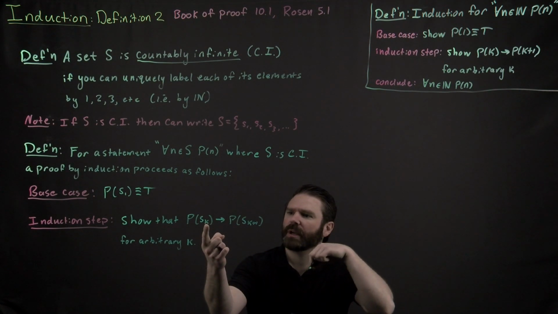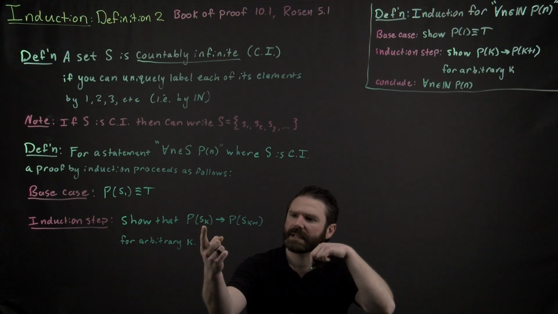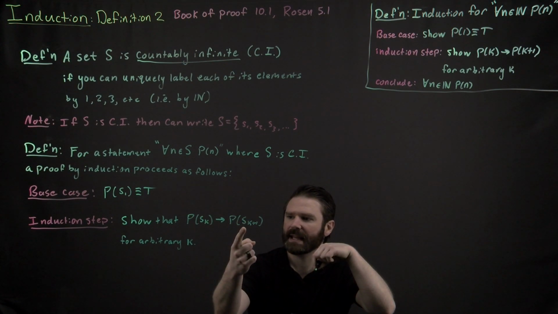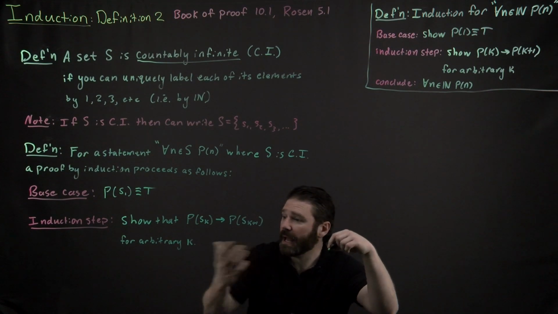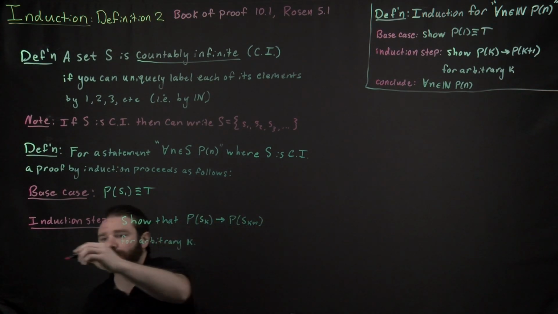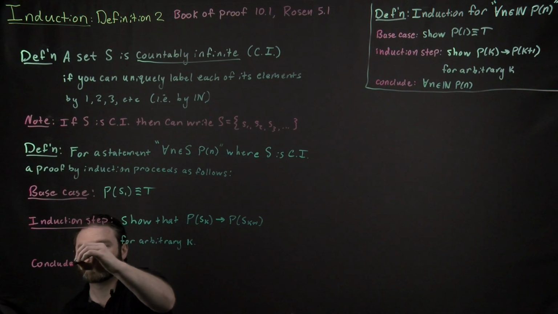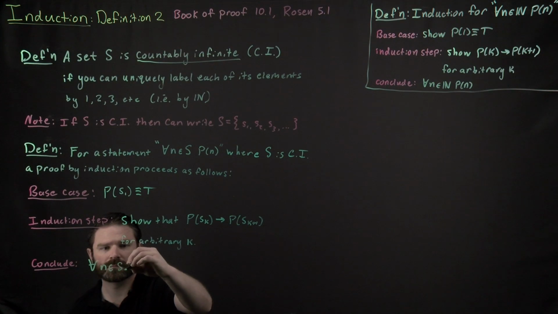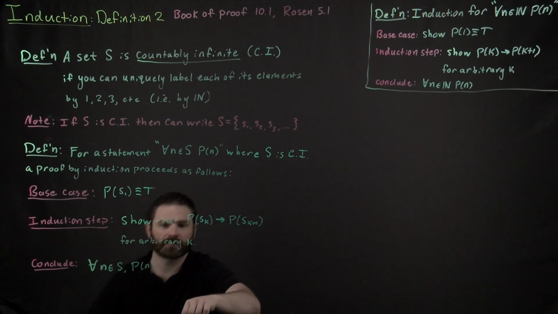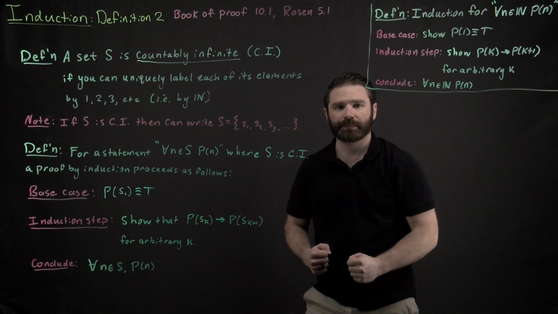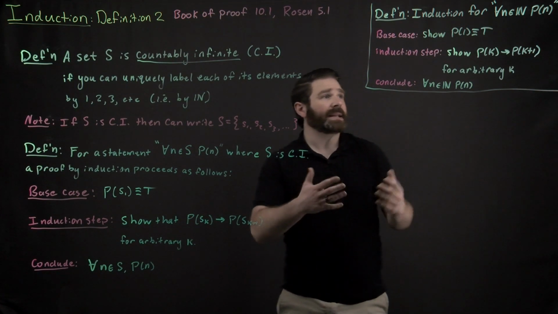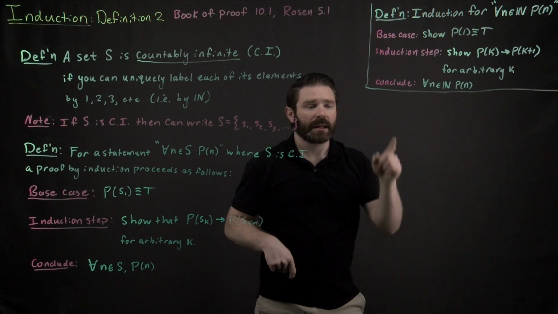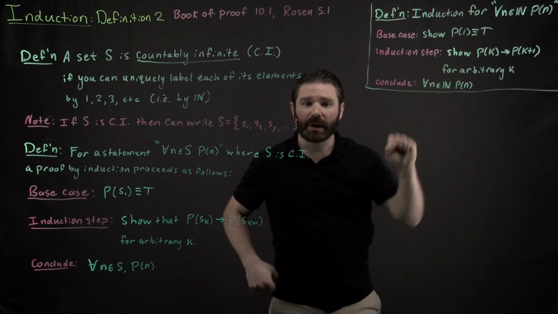Here we have to show that we can go from one element of the set S to the next element of the set. So if this, then that, for arbitrary k. And then that allows us to conclude our statement. And again, this works in exactly the same way that our original way that we justified that induction over the natural numbers works.